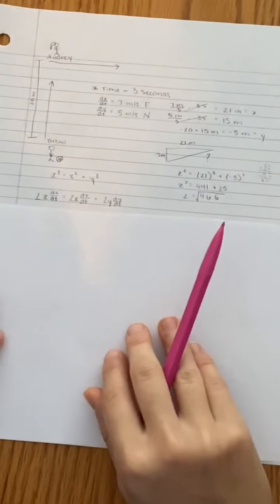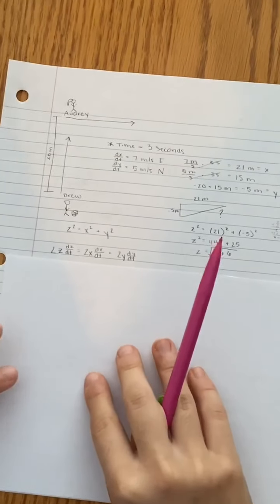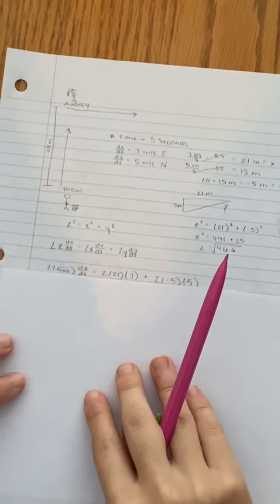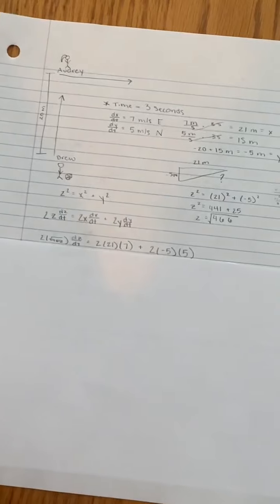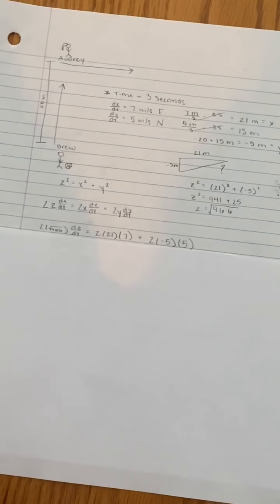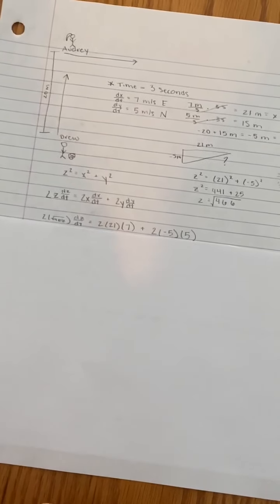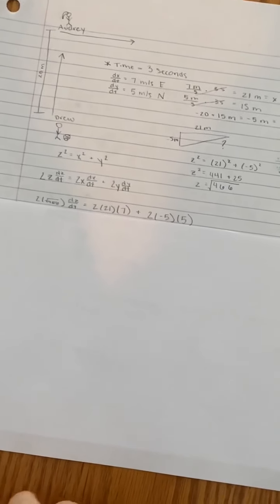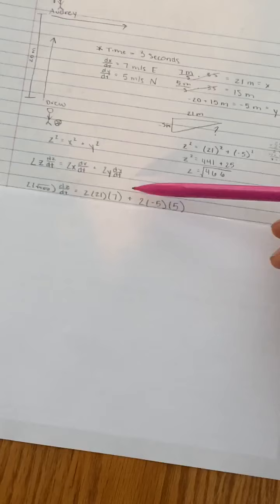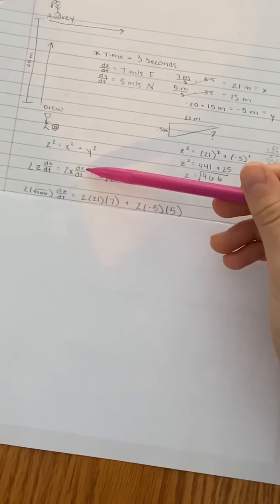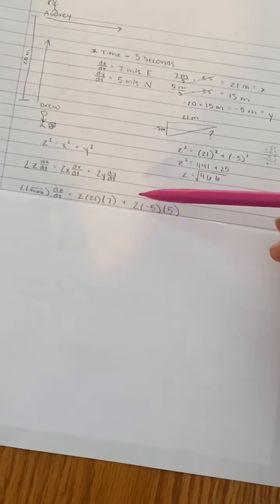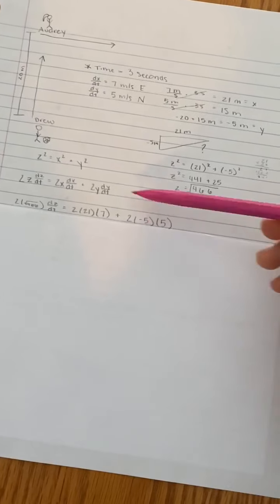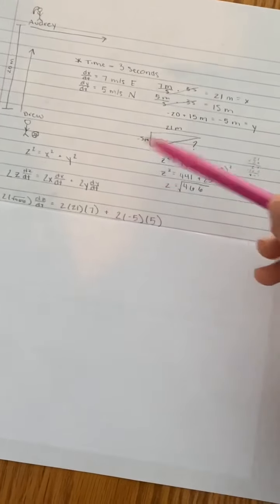Now we can plug all of those into our equation, and we would get 2 times the square root of 466 times dz over dt equals 2 times 21, which is our x, times 7, which is our dx over dt, plus 2 times negative 5, which is our y, times 5, which is our dy over dt.